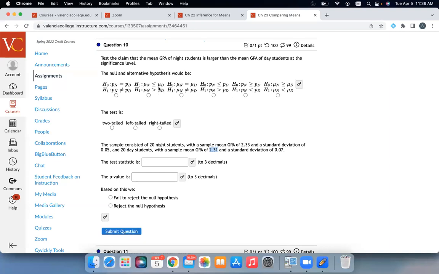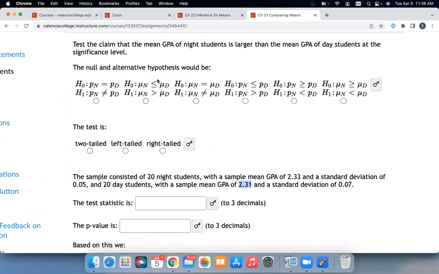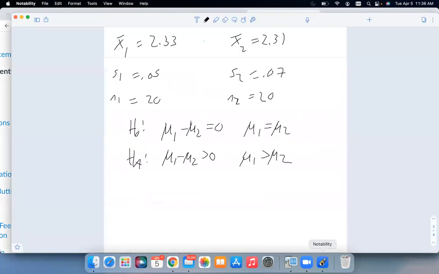Now, notice how they're using, instead of equal to like I did, less than or equal to. That's an alternative way to do hypothesis testing. You'll notice in every example I do, I always have an equal in the null hypothesis. Another way to do it, the way I learned when I took this class, is if that one's greater, this one will be less.